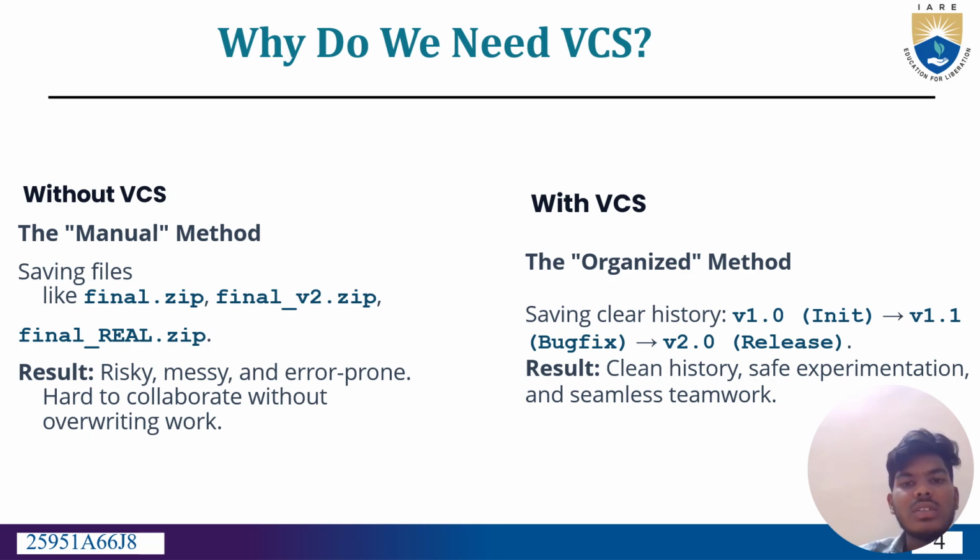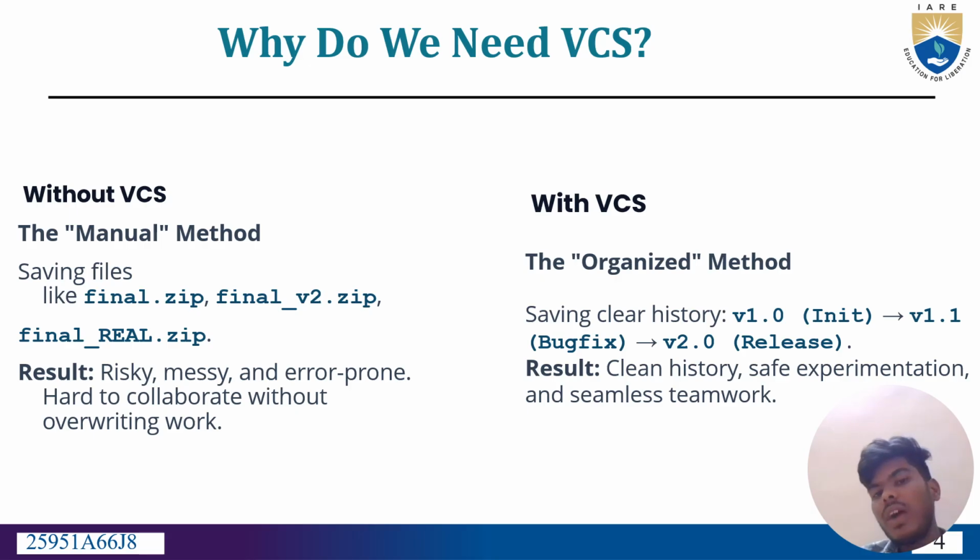If we save files like final.zip, final-v2.zip or final-real.zip, the result is very risky, messy and error prone. We can get many errors storing files like this, and it is hard to collaborate without overwriting your work.